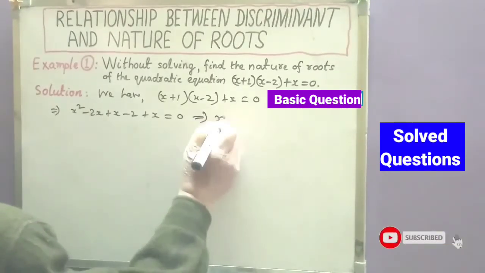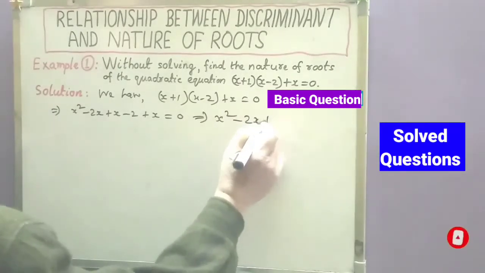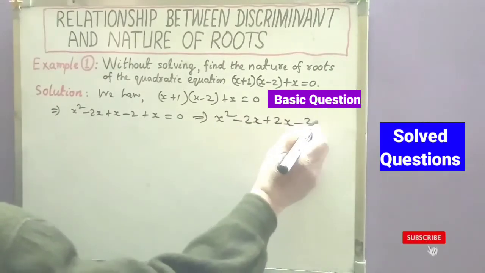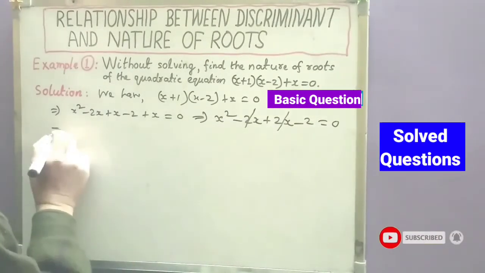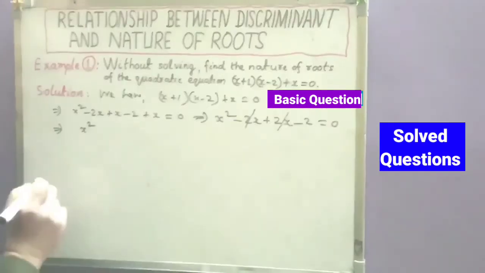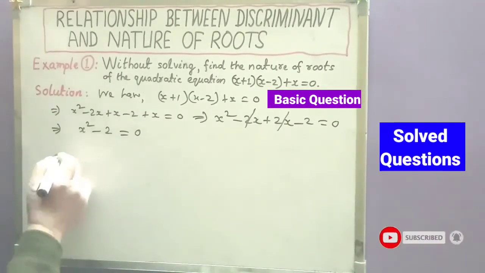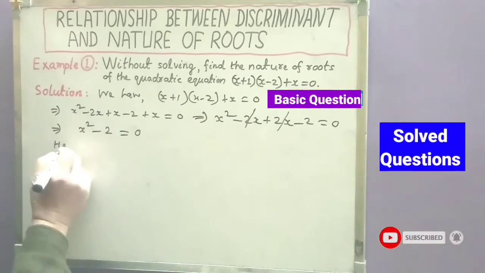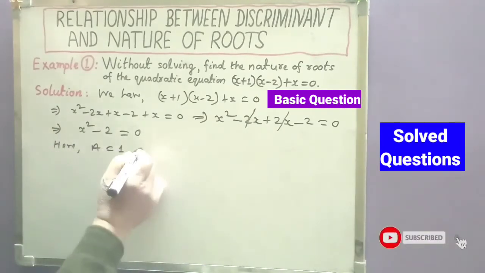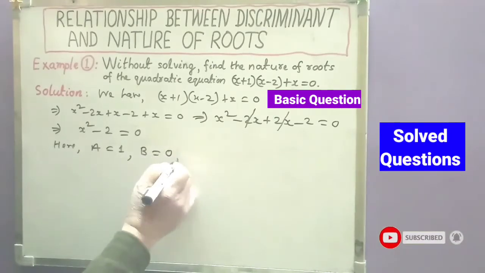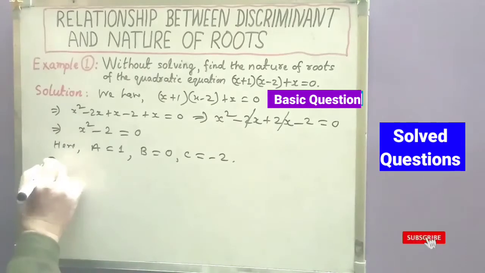That implies x square minus 2x plus 2x minus 2 equal to 0. Minus 2x and plus 2x get cancelled. That implies x square minus 2 equal to 0. Comparing it with the standard form of the equation, we have a equal to 1, b equal to 0 and c equal to minus 2.